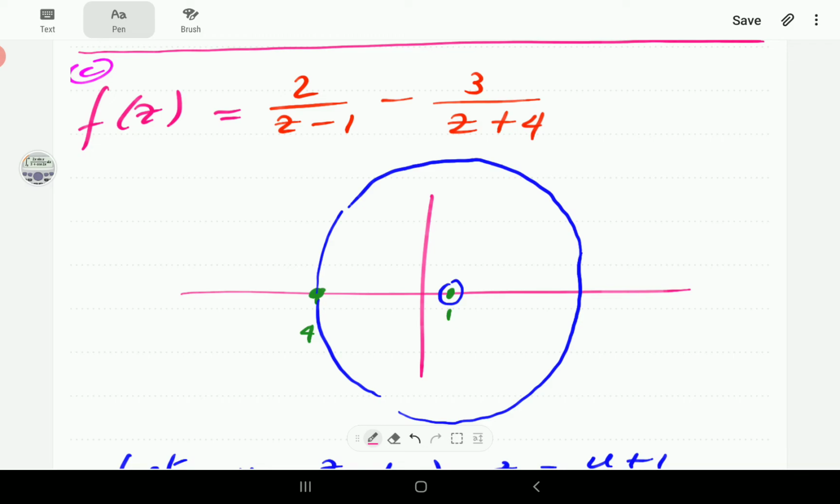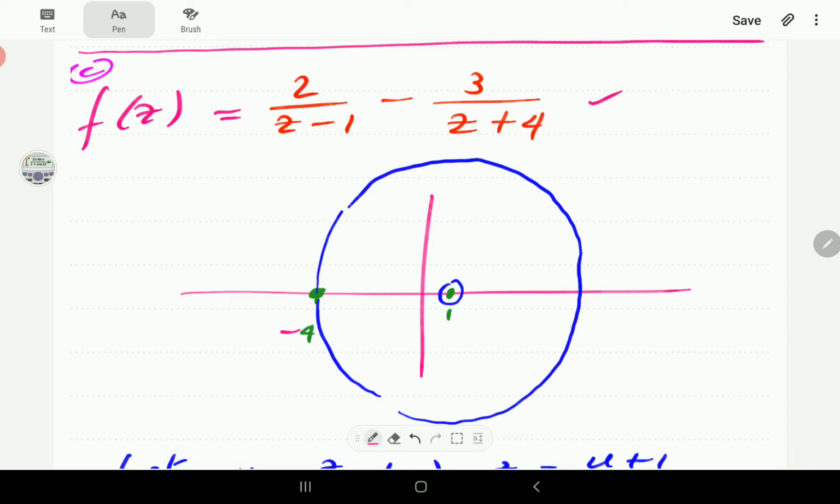All right, so this function here, we have shown in part 3 that it can be resolved into partial fractions as shown here. So from here we see that there's a singularity at 1. From this one we see that there's a singularity at -4.